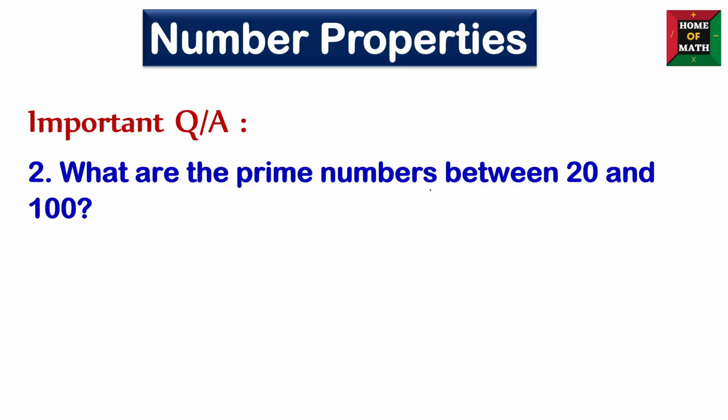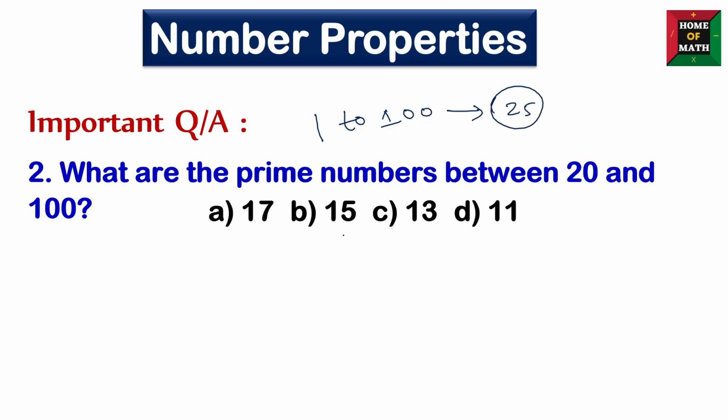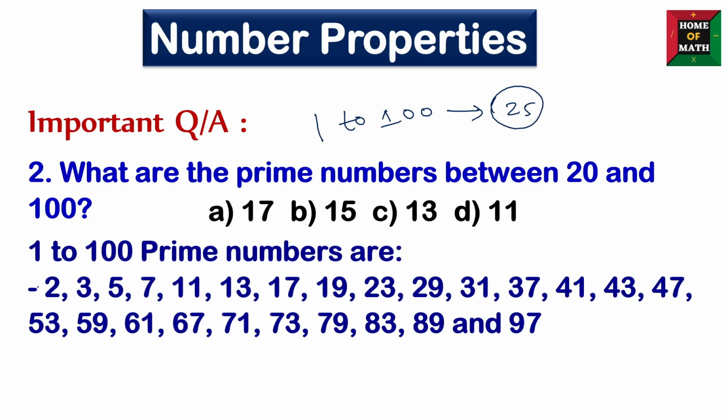What are the prime numbers between 20 and 100? We already know that from 1 to 100 there are 25. From here we will subtract the primes from 1 to 20, because our question is how many prime numbers we have between 20 and 100.